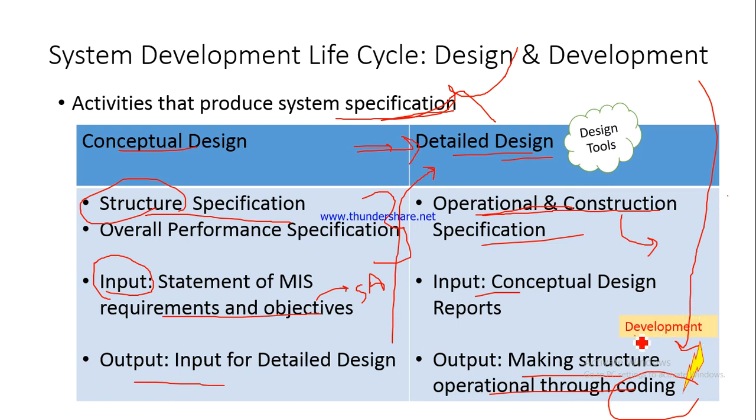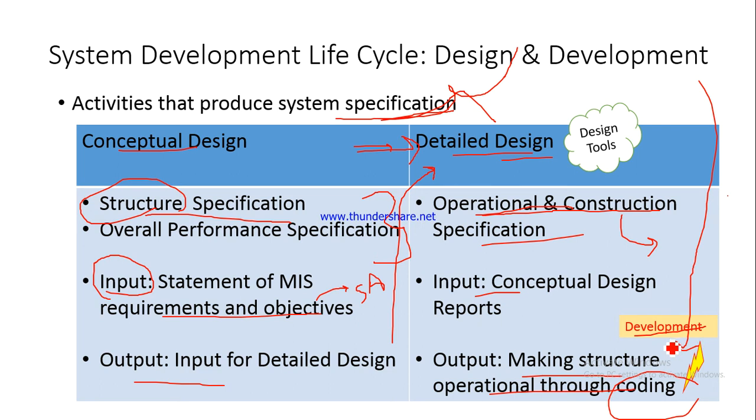This basically is the development part, wherein the detailed design is being operationalized, being converted into software programs, because in detailed design we saw what tasks have to be performed, and this has been specified in detail. Now to perform all those tasks, what kind of programs do we need? These software programs, these codes, have to be written here, right? And this stage becomes the development stage, and that is why I have basically clubbed design and development.